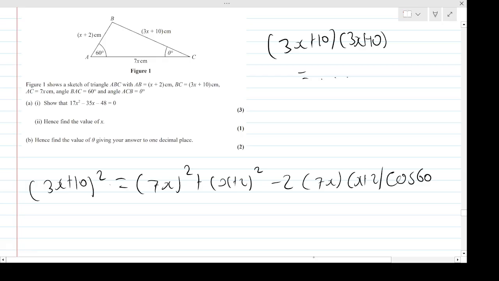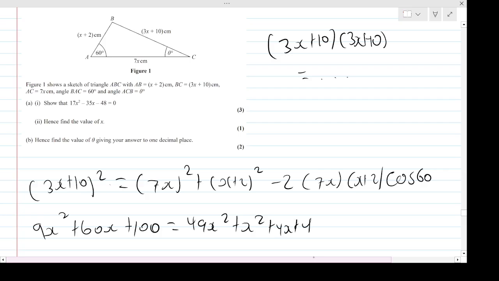If you expand it, (3x + 10) squared is 9x squared, then 3x times 10 is 30x, another 30x makes 60x, then 10 squared is 100. Then (7x) squared is 49x squared. Then (x + 2) squared is x squared, add 4x, add 4.